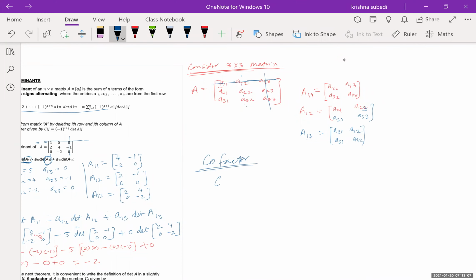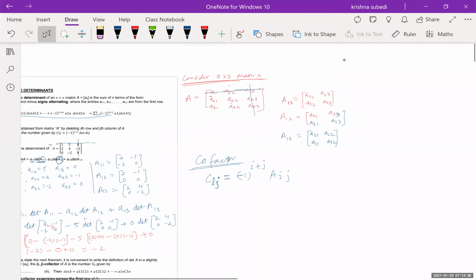So when I say cofactor C11, what that means is -1 to the power i plus j, times A_ij. In general, that's how we define the cofactor.